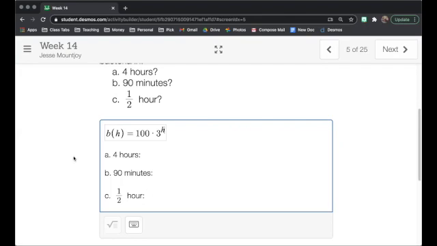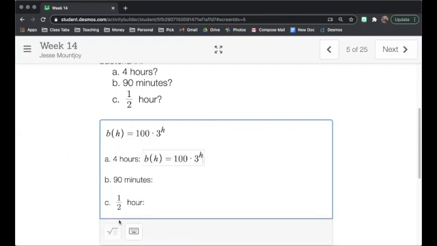Now that we have that, finding 4 hours, well, that's not that hard. We just need to plug 4 into our equation. So I'm copying my equation and editing it. I'm going to change hours to 4, and now I just need to do some calculator work. I need to do 3 to the 4th times 100.